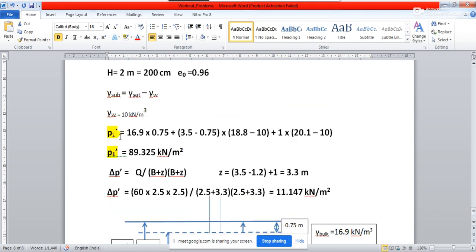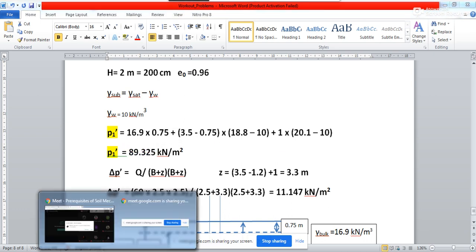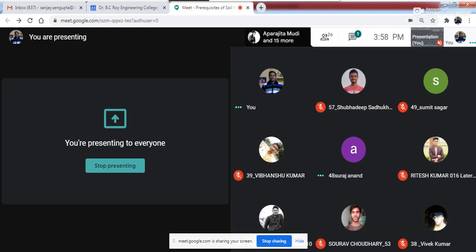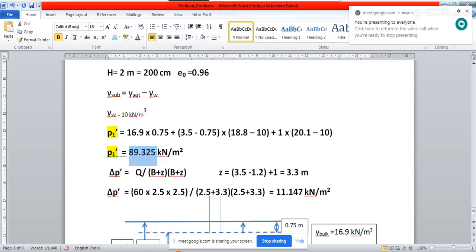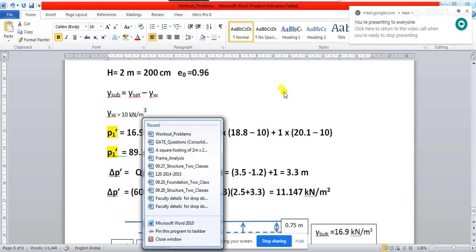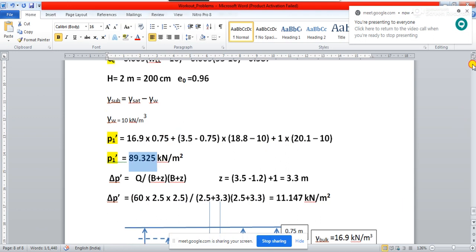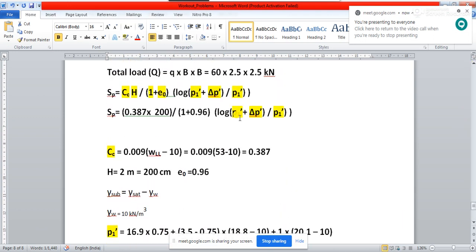P1 here we have calculated for the initial overburden pressure, it is 89.325, right? 89.325 we have. So let me put back the value over here.